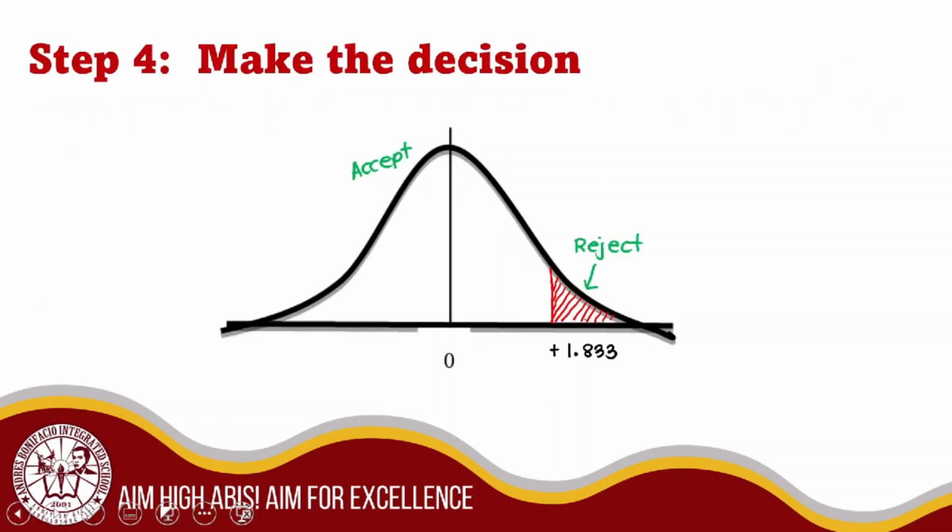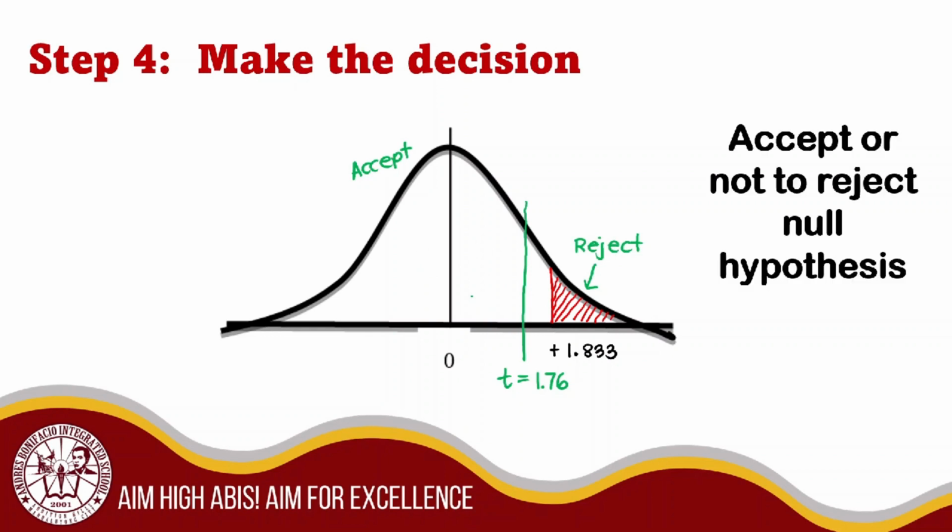So on step 4, we make a decision. Where does 1.76 fall? Here is 1.76. So t equals 1.76, and it falls under the accept region, or the do not reject region.